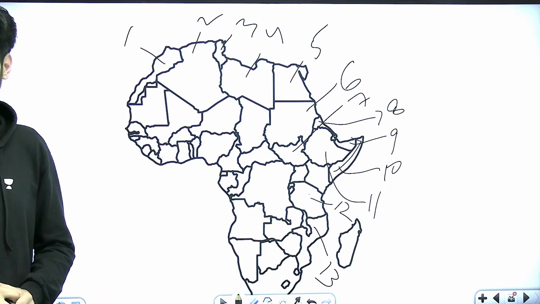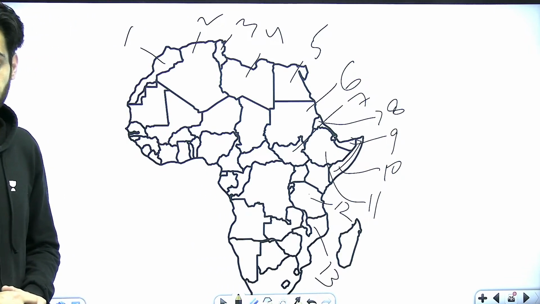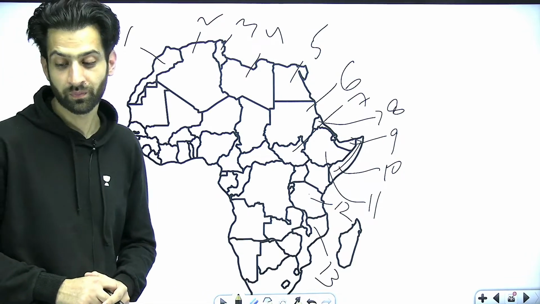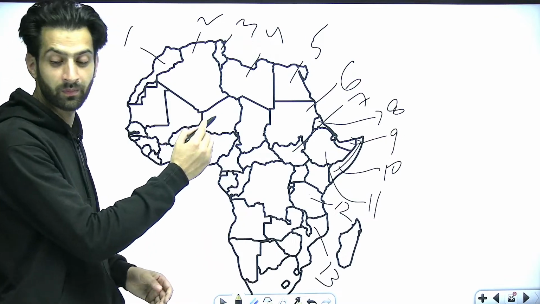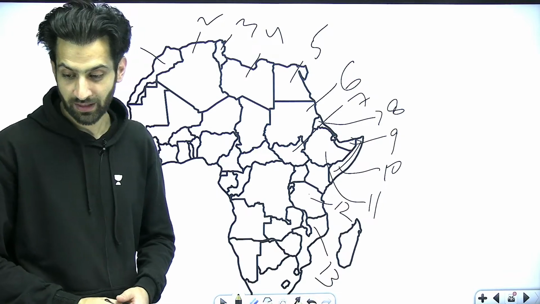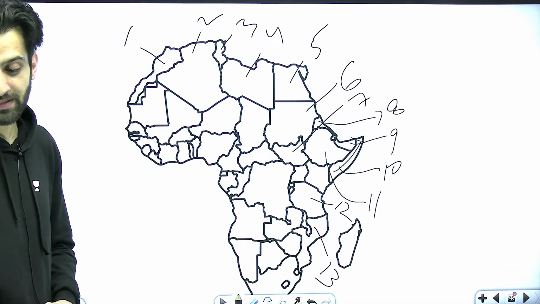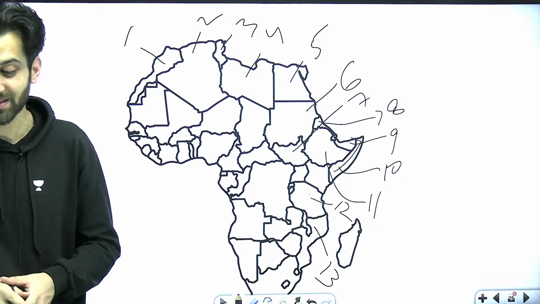The number and the name of the country that is landlocked. Seven. Right. Dua, right. What's the name of the country? South Sudan, Zainab, right.